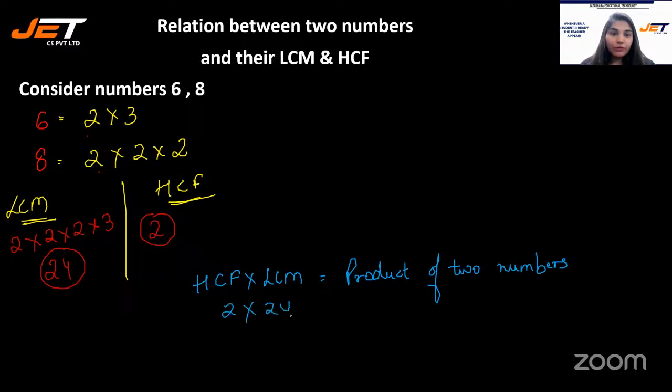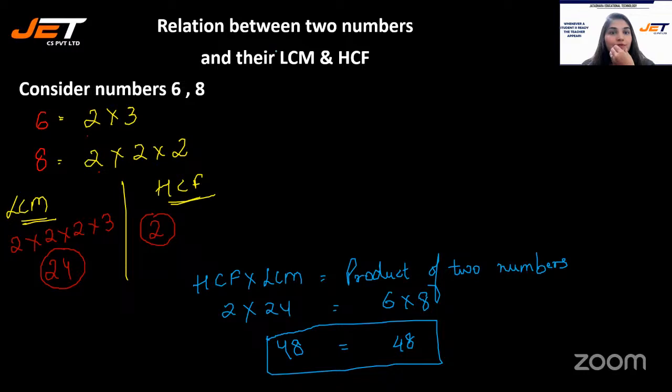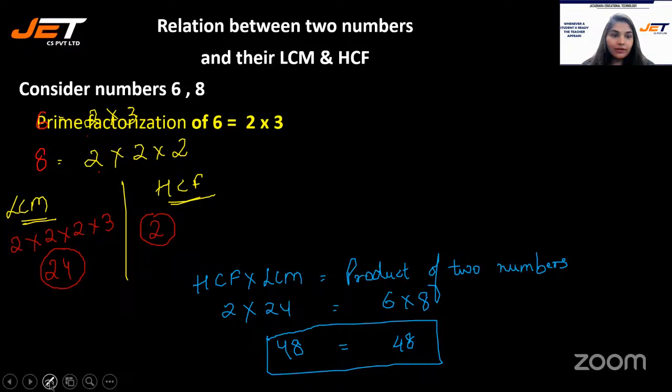LCM is 24. It should be equal to the product of two numbers like 6 and 8. 2 times 24 is 48 and 6 times 8 is 48. So both are equal. Yeah, relationship proved. HCF times LCM is equal to the product of two numbers. Hence proved. Right? Let's go to the next one.